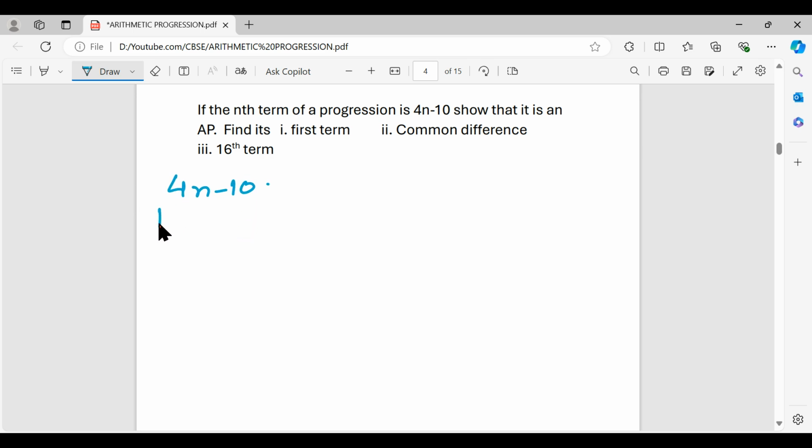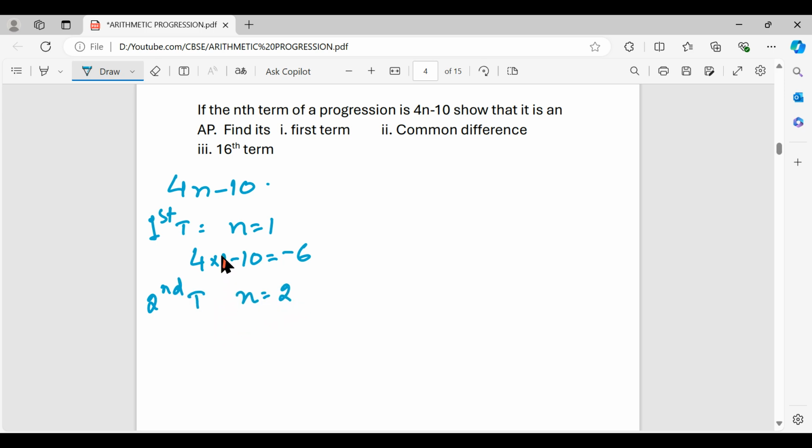To get the first term, we will substitute n equal to 1. So 4 into 1 minus 10 will be minus 6. To get the second term, we substitute n equal to 2.